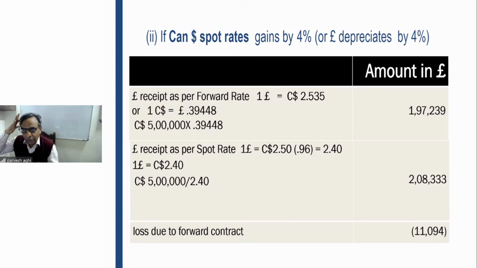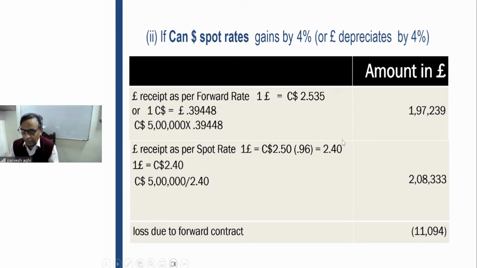But now, if the pound depreciates by 4%, that means if the current spot rate gains by 4%, the pound is going to depreciate by 4%. So it's one and the same thing, whether the Canadian dollar spot rate gains by 4% or the pound depreciates by 4%. So we can take the pound rate and multiply it by 0.96.